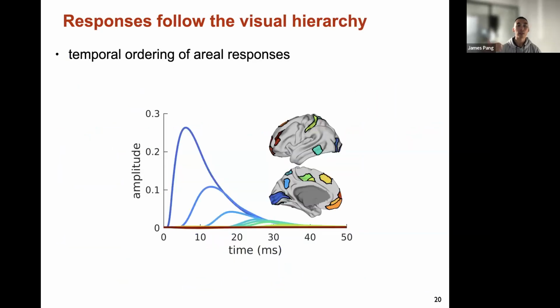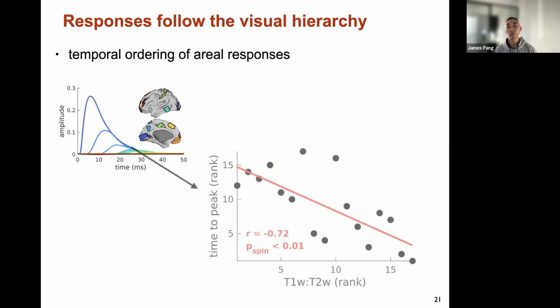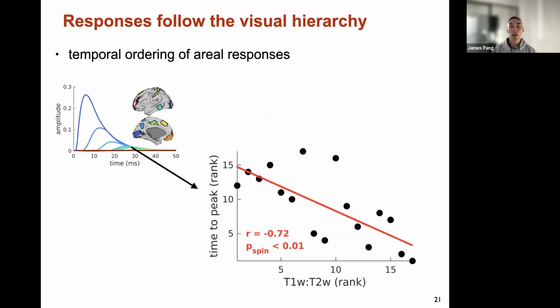And if we follow the activity across the visual hierarchy, we find that there is this natural ordering of the responses that actually follows the hierarchy observed in the literature. And if we compare that to non-invasive estimates of this hierarchy, say via T1/T2, we find a pretty high correlation between the temporal ordering of the responses and the T1/T2 data.